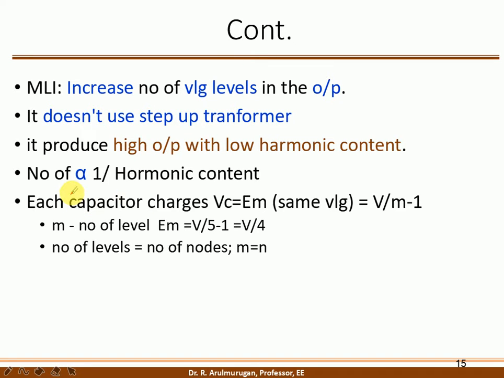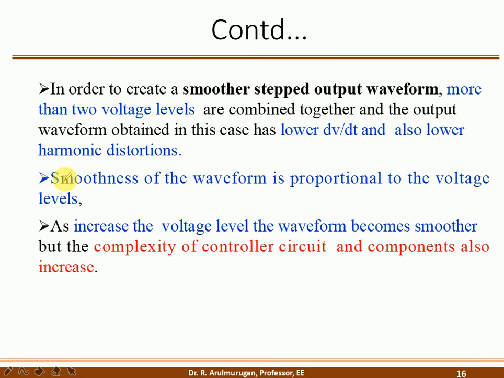Level is inversely proportional to the harmonic content. In order to create a smooth waveform, you go for this. As the level increases, you get a smooth waveform and reduced switching stress, dV by dt.